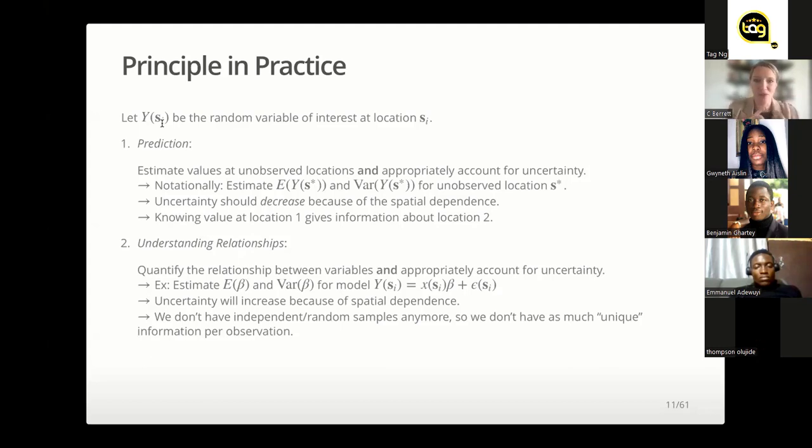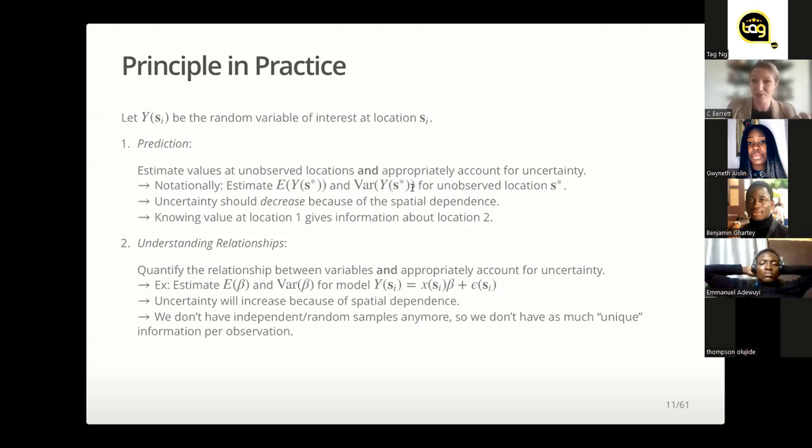I think one of the most gratifying things that we can do with geostatistics is to make a pretty interpolated plot. But it's not just to be able to predict at unobserved locations, we also want to appropriately account for uncertainty about those predictions. So we're estimating the expected value of y as well as the variance of y. And we want to get that variance right so that we can have better predictions.